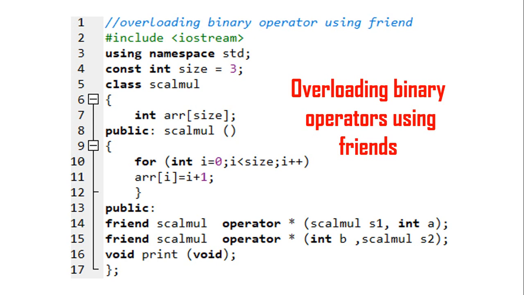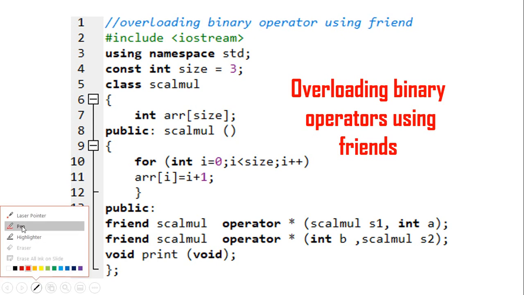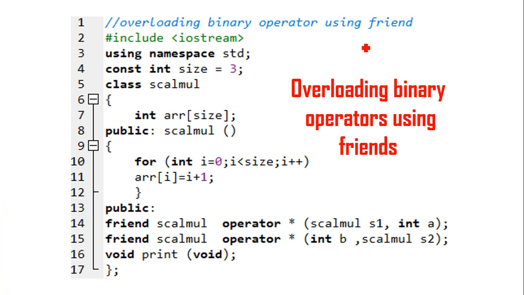The operation of this program is basically a scalar multiplication. Scalar multiplication means what? A matrix multiplication or scalar multiplication, we can say. So any number, for example, you are taking the number 3, and let's say you have an array like this.